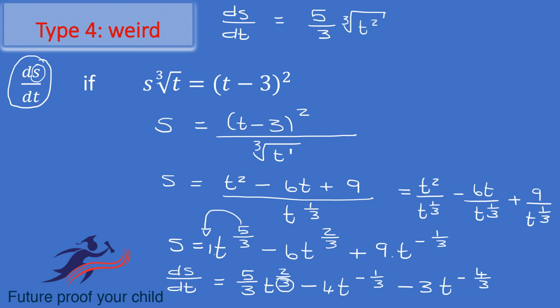And then that would be minus 4 over t to the power of a third, which is the cube root of t, and then I've got negative 3 over t to the positive 4 over 3, so that would be the cube root of t to the 4, and there is my derivative.